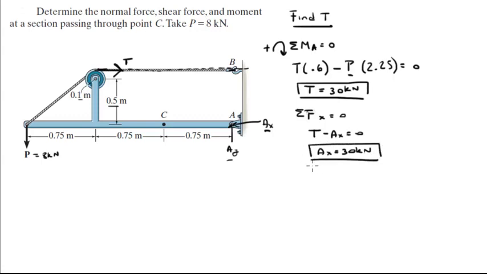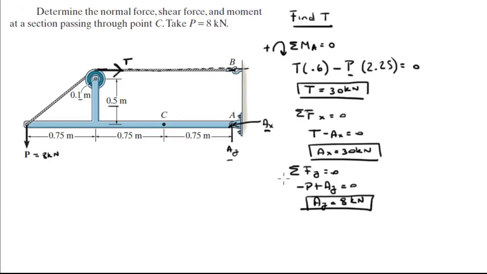That's the reaction at A. Now we also know that the sum of the forces on the Y is equal to 0, and we can use this to find the reaction AY. So P is going down, minus P plus AY is equal to 0. So AY is equal to P, which is 8 kilonewtons.